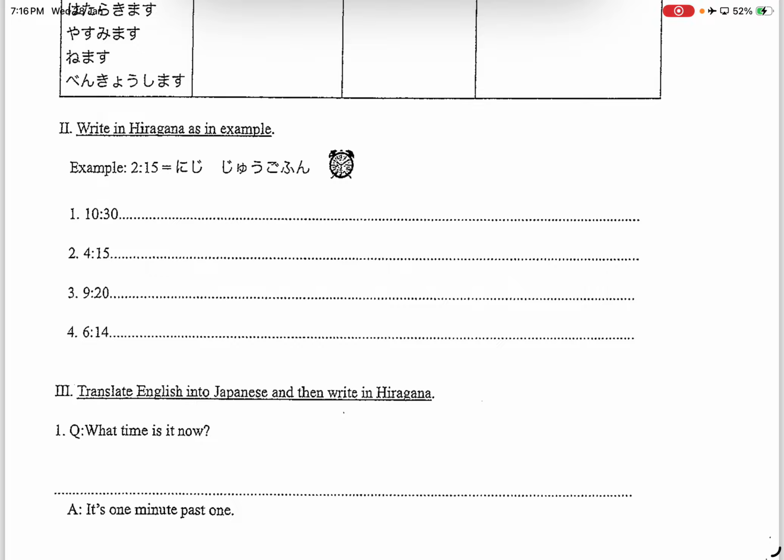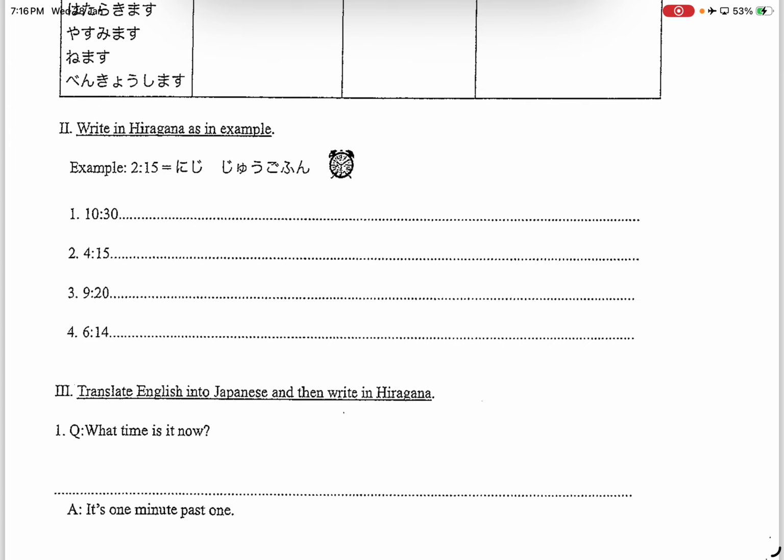He also said F-U-N instead of pun. So it's F-U-N, 15分. Number 3, 9:20. 9時20分. Very good. He didn't fall for the 9 as well. 9時 instead of Q. It's 9時20分. P-U-N, 20分.